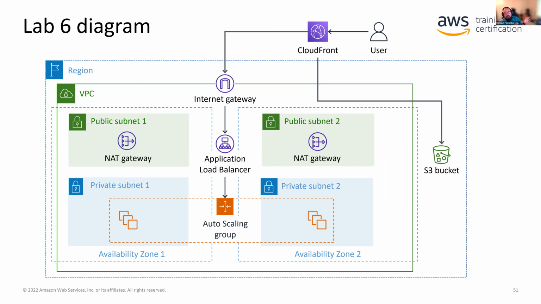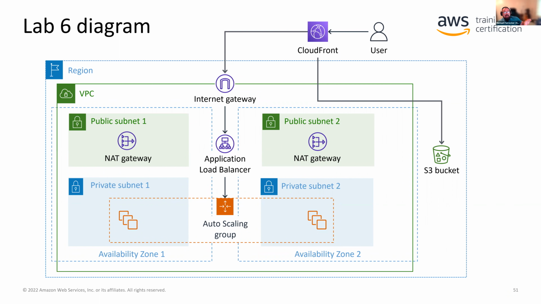In other words, it's going to be set up for you. Then you're going to create an Amazon S3 bucket. And then you're going to configure the bucket for public access, which is going to be fun because it shows you the steps you need to do in order to make an S3 bucket public. And then you're going to upload an object into the S3 bucket and test that you can publicly access it without CloudFront.